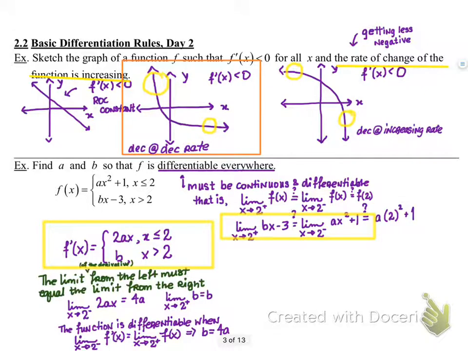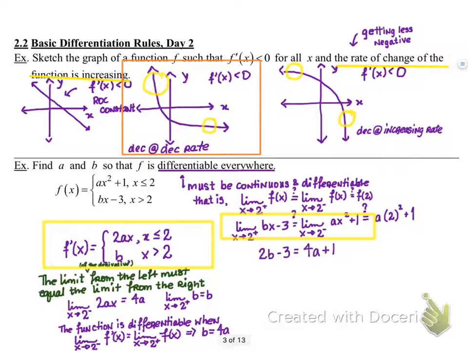Now we're going to go back into the definition of continuity and figure out what that means up there. So in order for the function to be continuous, the limit from the right has to equal the limit from the left. So let's find those values.